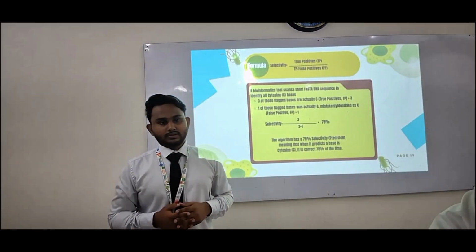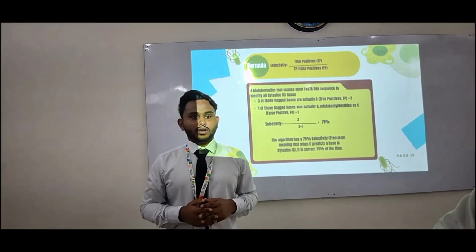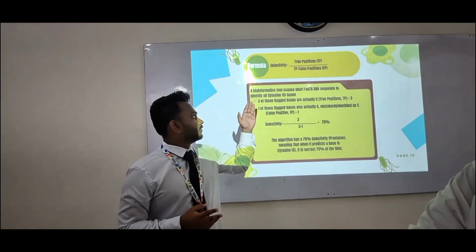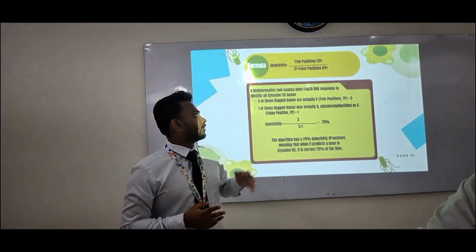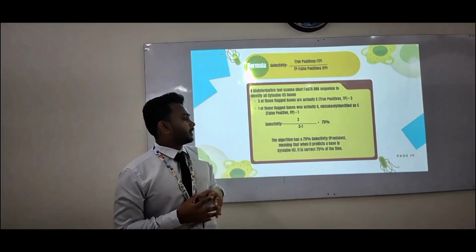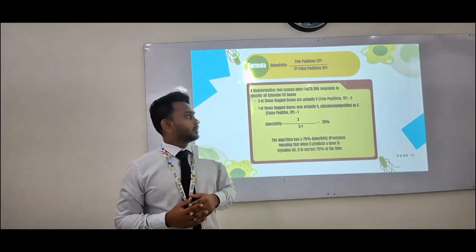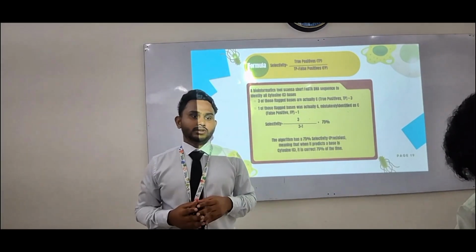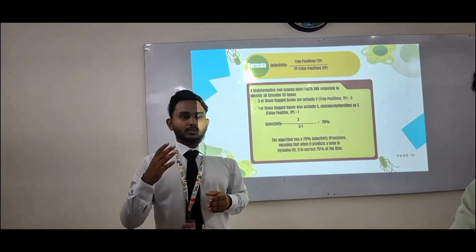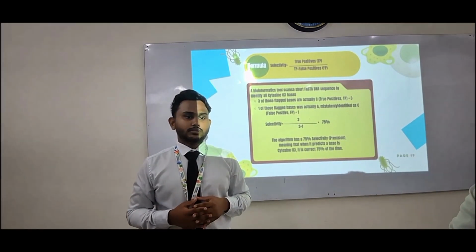Next. The formula for selectivity is true positives divided by true positives plus false positives. Let's apply this to a bioinformatics example. Suppose a tool scans a short FASTA DNA sequence to find cytosine bases.